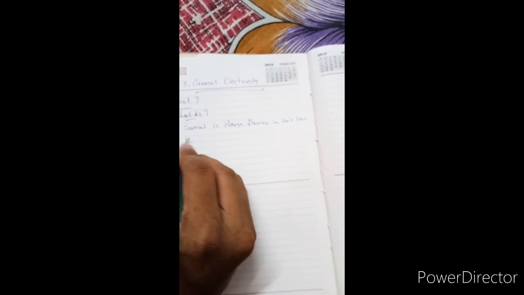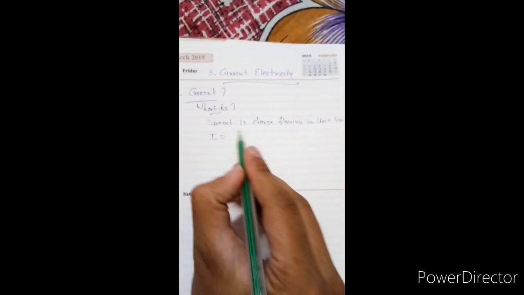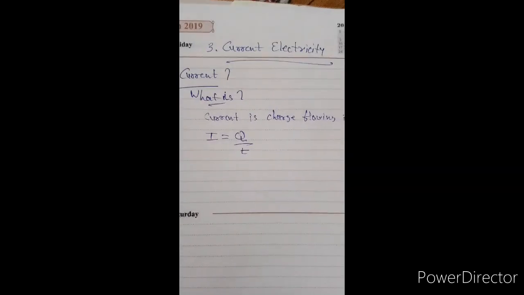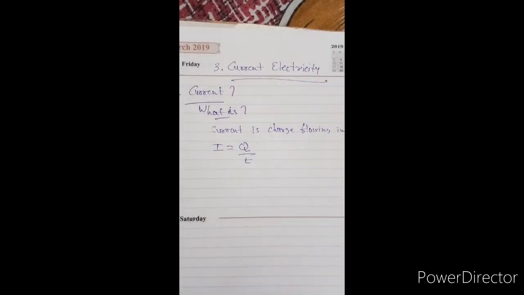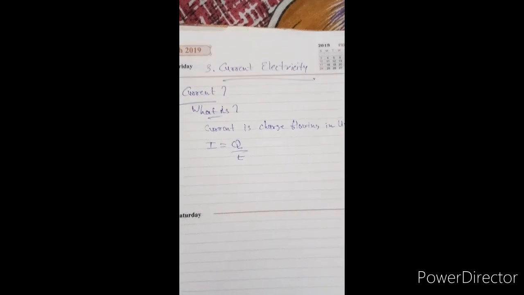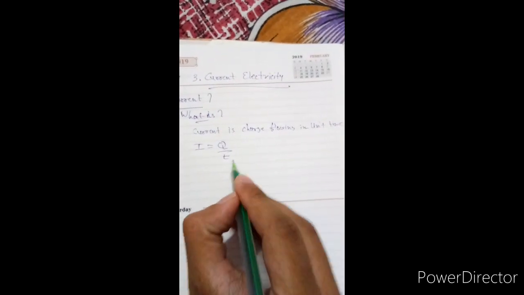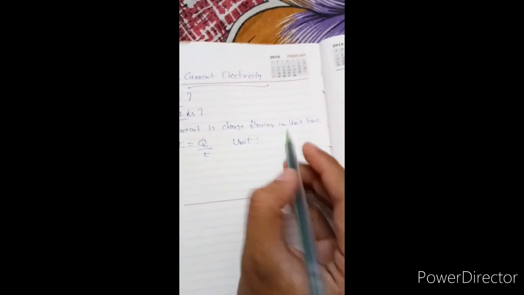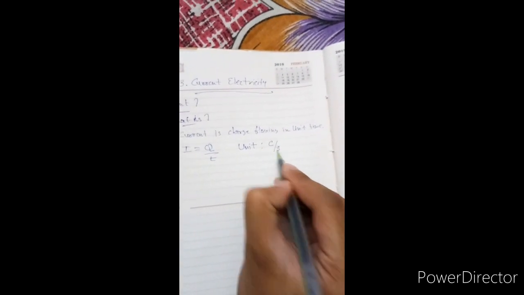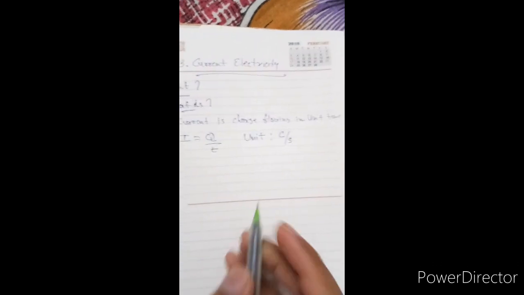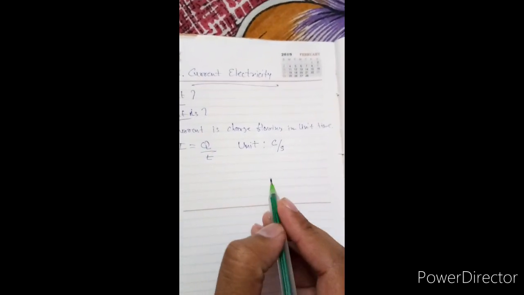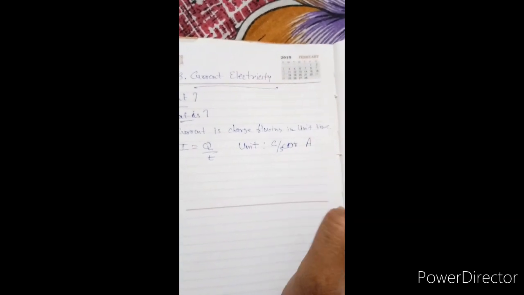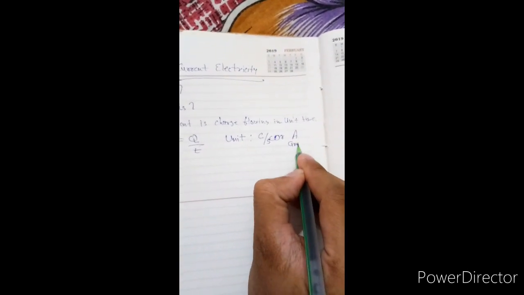Its symbol is I and its formula becomes Q by T, where Q is a charge and T is a time. From this you can derive its unit, and its units are coulomb per second. In the memory of scientist Ampere, its unit is capital A, which is nothing but the ampere.